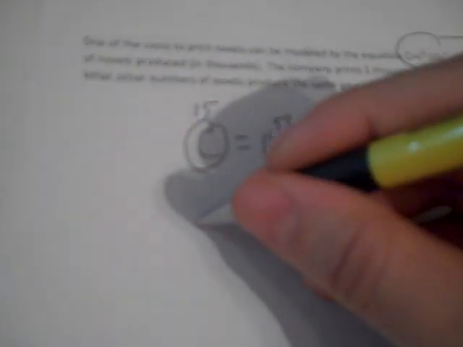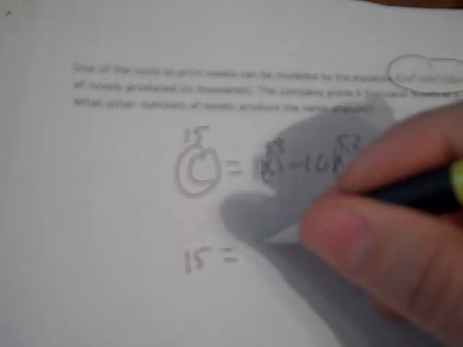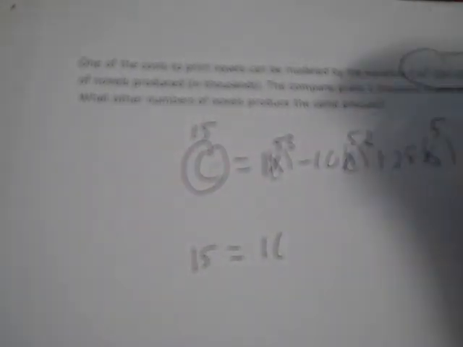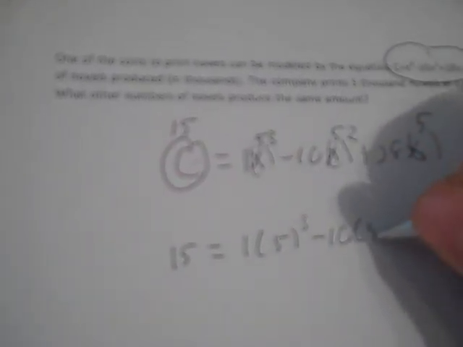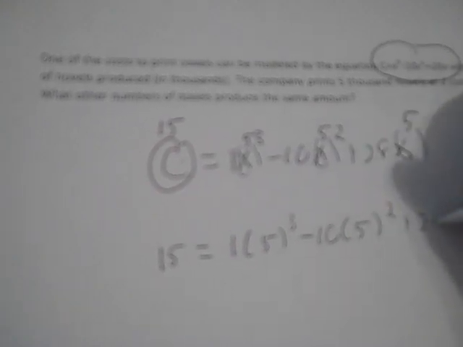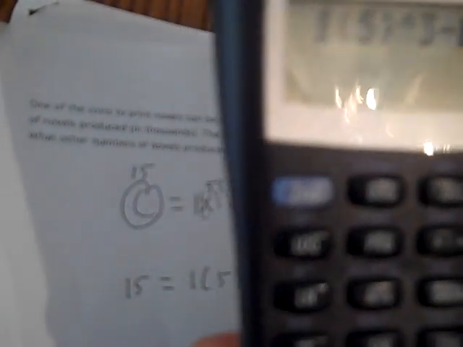Okay, so 15 equals 1 parentheses 5 to the third minus 10 parentheses 5 to the second plus 28 parentheses 5. Now make sure that that equation is actually true. 1 parentheses 5 to the third minus 10 parentheses 5 to the second plus 28 parentheses 5.